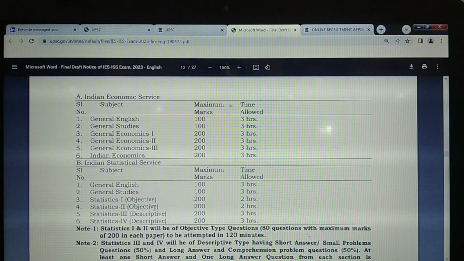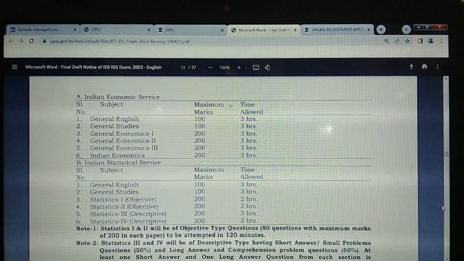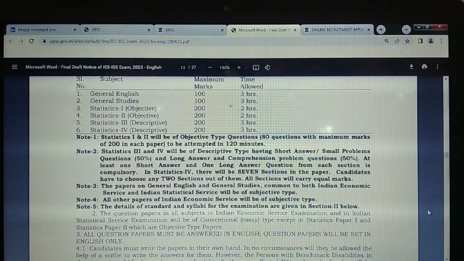Statistics paper 1 is objective, 200 marks, and statistics paper 2 is objective, 200 marks, with 2 hours for these two papers. Statistics paper 3 is descriptive, 200 marks, 3 hours. Statistics paper 4 is descriptive, 200 marks, 3 hours. This is the examination marks, papers and process, Part 1 and Part 2.